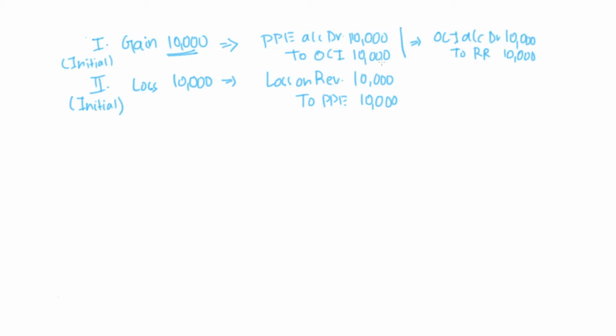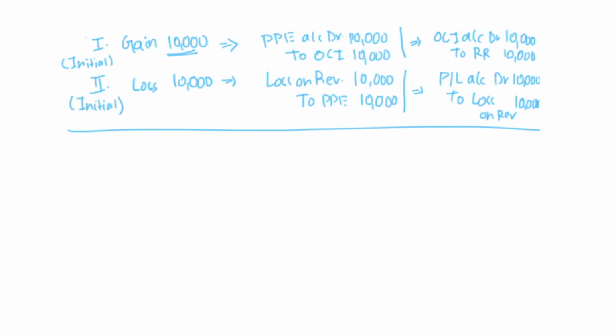We've reduced the value of PP&E by 10,000 and the loss on revaluation will go to the P&L. P&L account debited. Basically, I'm closing the account or transferring to the P&L. P&L account debited to loss on revaluation by $10,000. This is the case of initial revaluation.